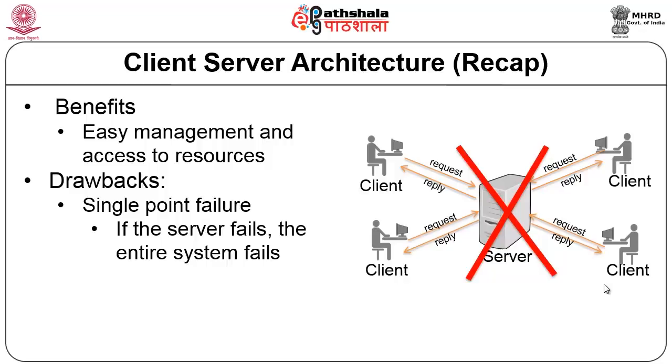The drawback is that this is a single point of failure. What do we mean by single point of failure? As we have discussed at length in our distributed systems course, if the server fails, then no service can be given to the clients. So, the clients have to wait for the server to come back up before they can continue. That is one problem.